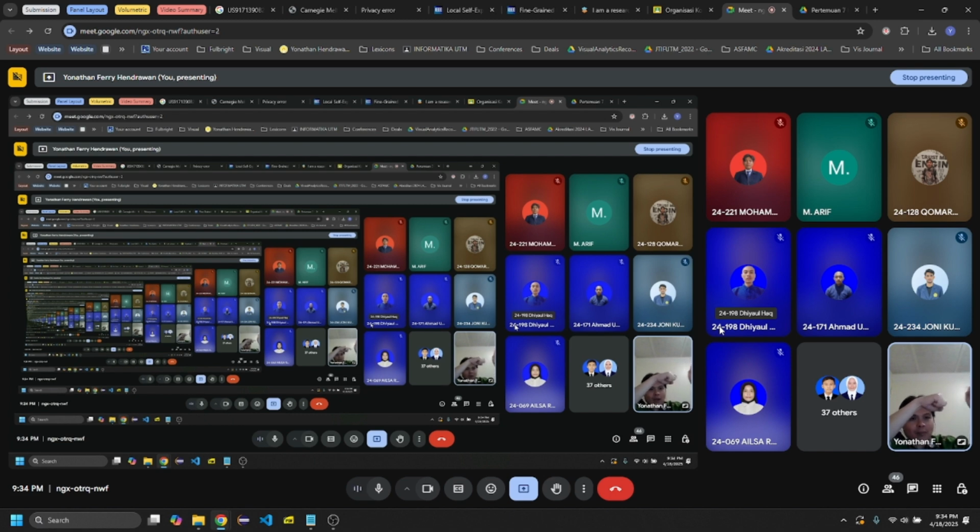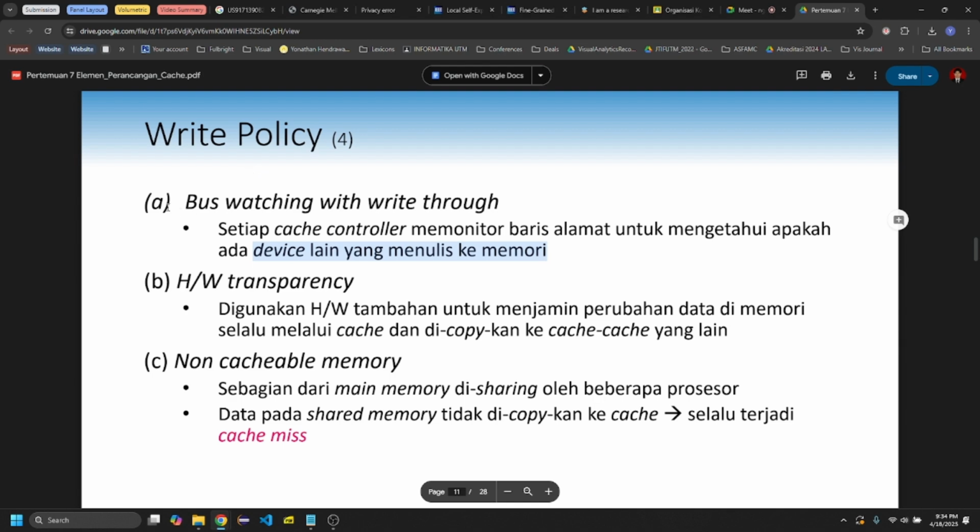That means I need to update the data inside my cache. That's the first solution.